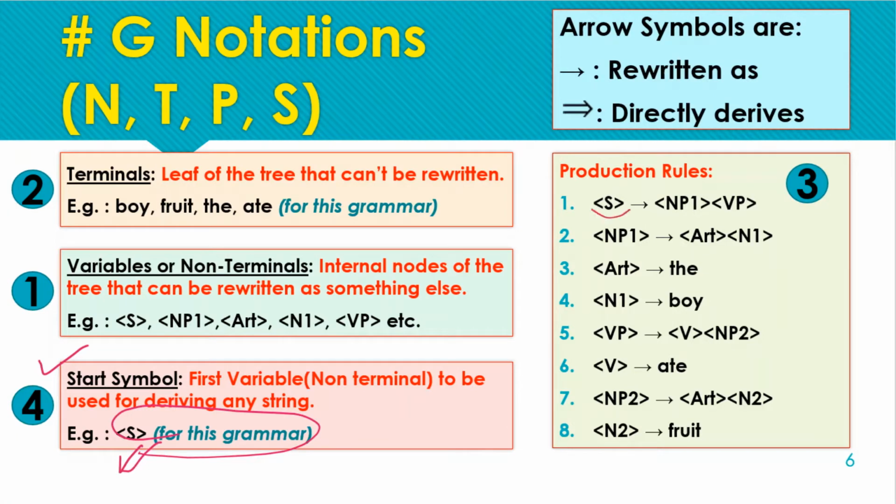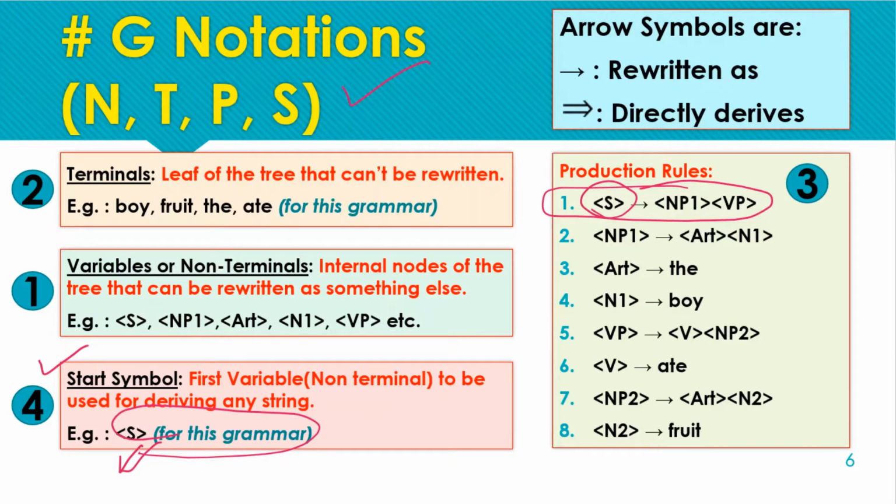So here S is the first production rule to be applied, and S is the start symbol for this grammar. In the same way, for every grammar we have to define these four tuples: non-terminals, terminals, production rules, and the start symbol. These are the basic terms related to grammar. Next we have the sentential form. While deriving, we have the sentential form, which is a mix of terminals and non-terminals.